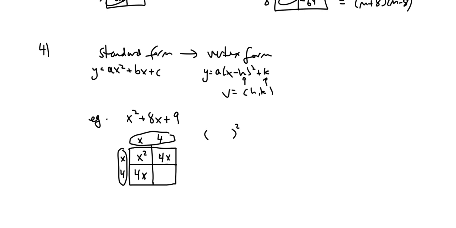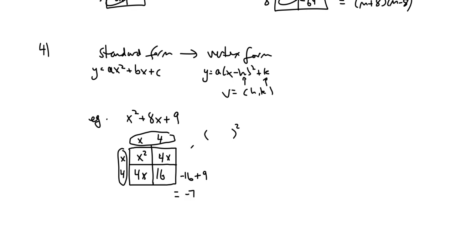But here's the problem. What does this last term have to be? Well, this is a 4 by 4, so that's going to be 16. My question doesn't have a 16. My question has a 9. So that 16 is too big. Let's take away the 16 and add a 9. That's the same as taking away a 7.